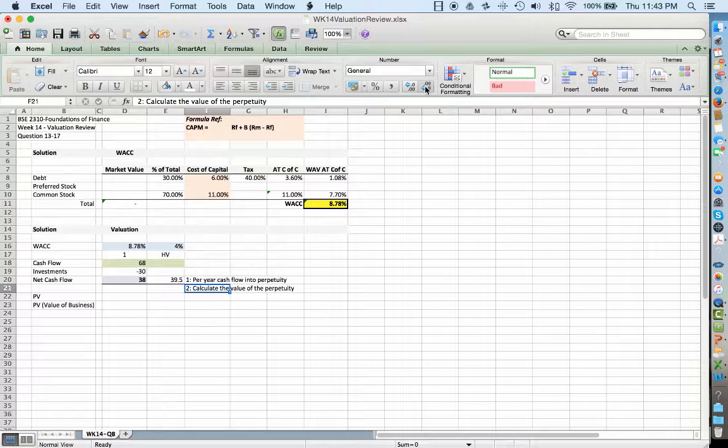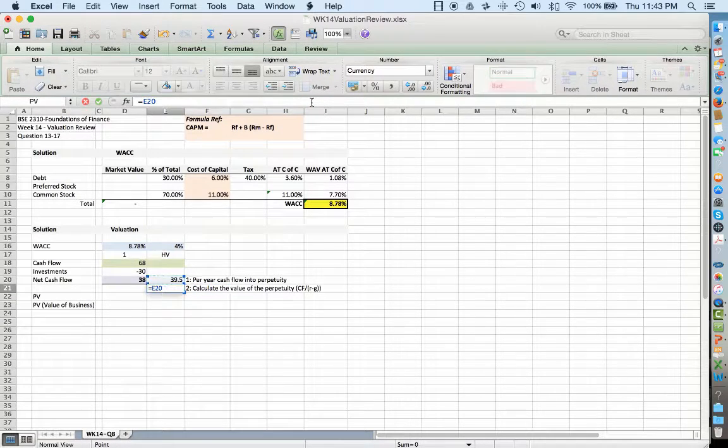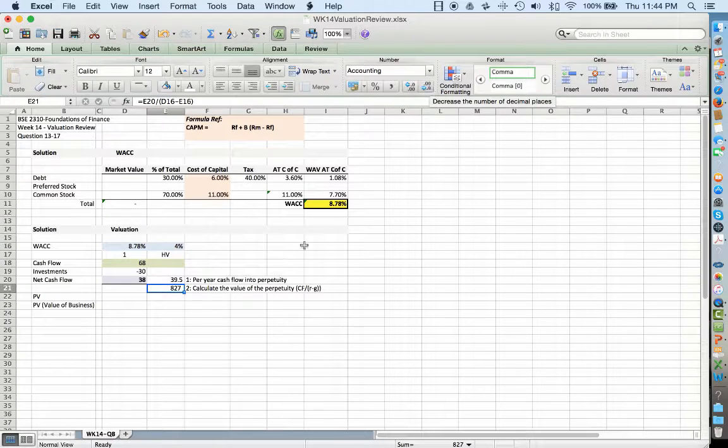To do that, I'm going to use the equation cash flow divided by R minus G, which is the formula for the perpetuity. So I'm going to take the cash flow and divide it by R, which is the WACC, minus G, which is the growth rate. Oops, get that equation correct. And that means that the present value of the horizon value is 828, or 827.